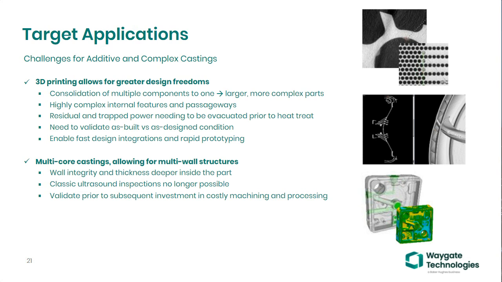You also have the trapped powder, which you can see in the images in the top right corner. Needing to validate, as you can see in the bottom image, the as designed versus the as built condition. Did we make what we thought we were going to make?